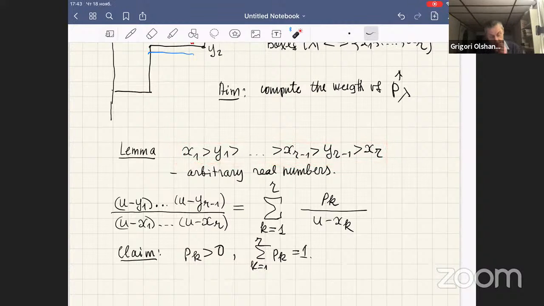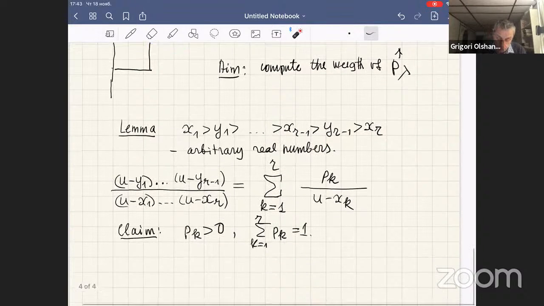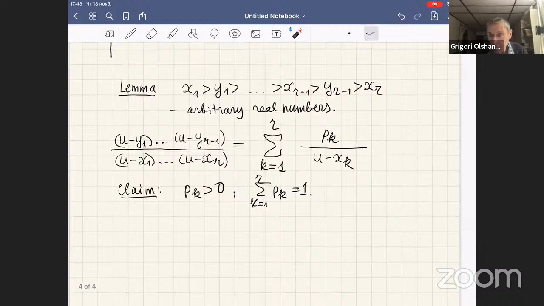This is a beautiful fact. How to prove it? It's not difficult. Let's prove it in one direction, just as I wrote here. Why are they positive, and why is the sum equal to 1?